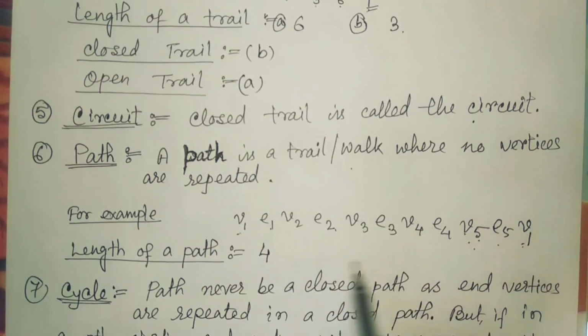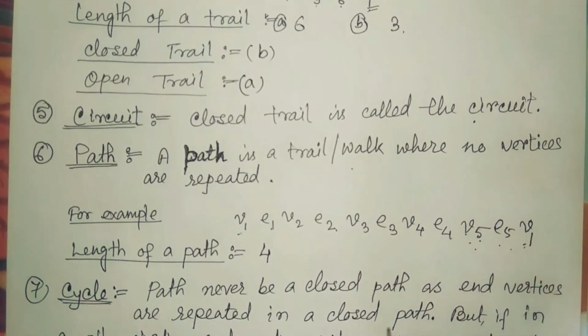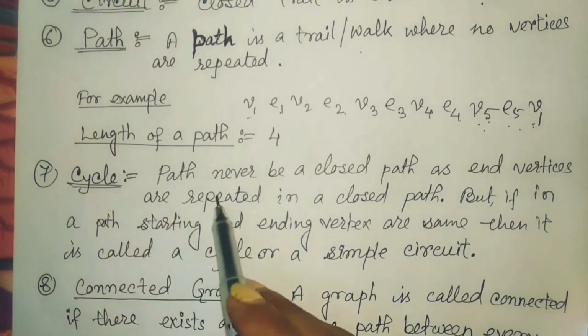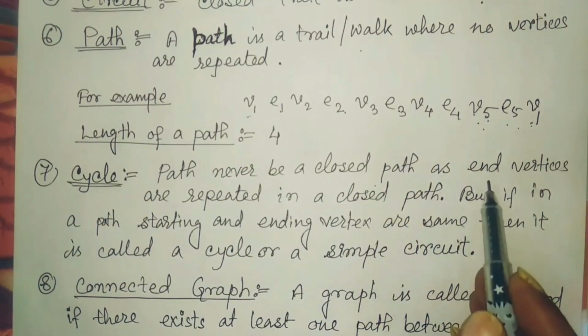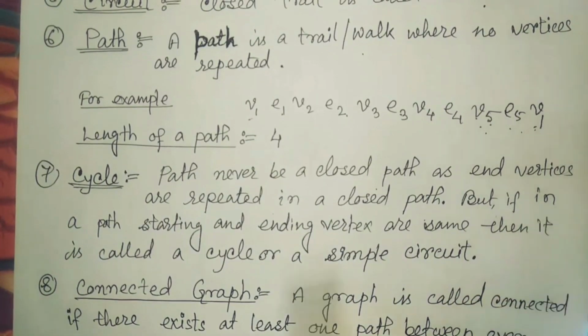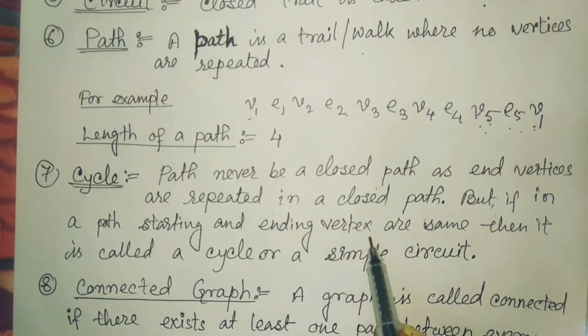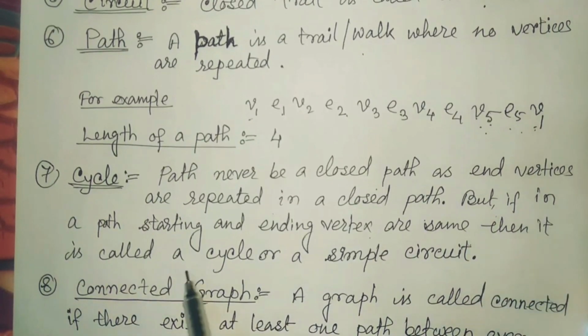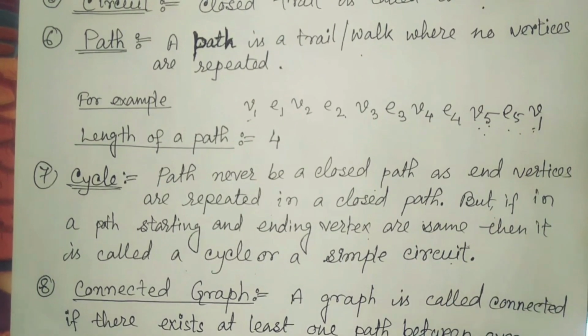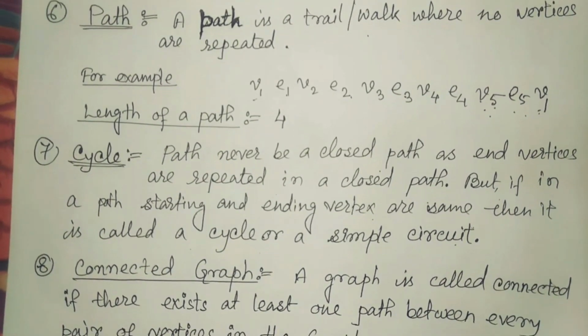If you have this type of situation, then this is called a cycle. So what do you mean by the cycle? A path is never a closed path, as end vertices are repeated in a closed path. But if in a path the starting and ending vertices are the same, then it is called a cycle or a simple circuit.